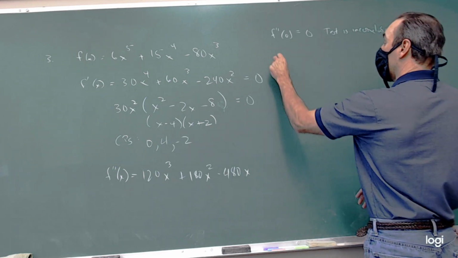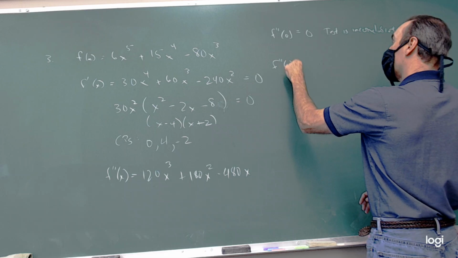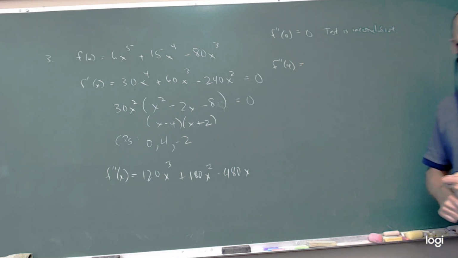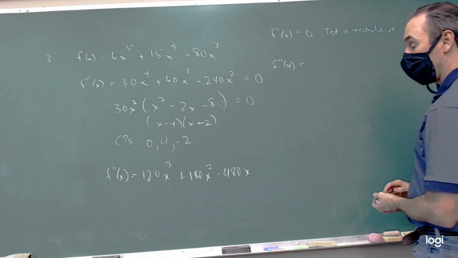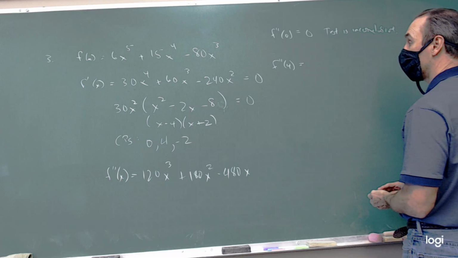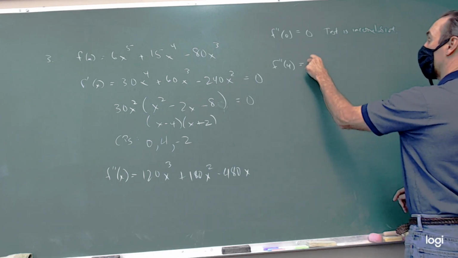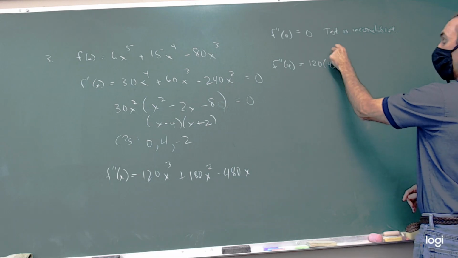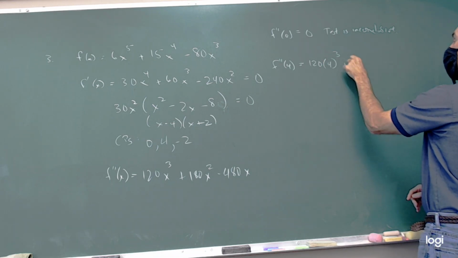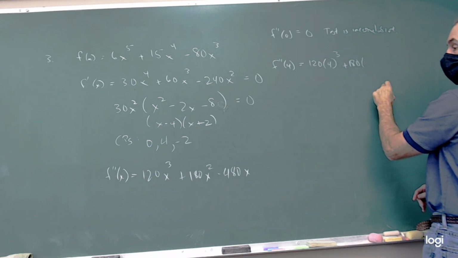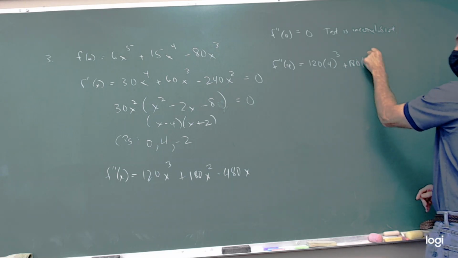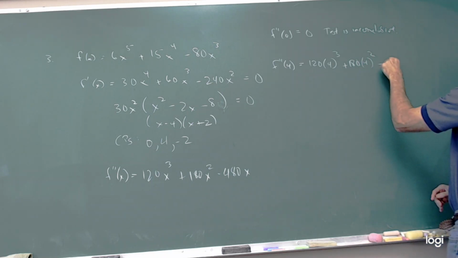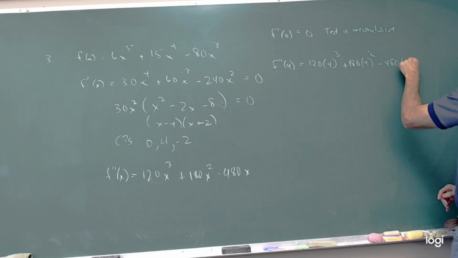Now if we plug in the 4, these numbers are going to be awful, but all we really want to know is is it positive or is it negative? So let's see how much we have to do to determine that. We have 120 times 4 to the third, plus 180 times 4 to the second, and minus 480 times 4.